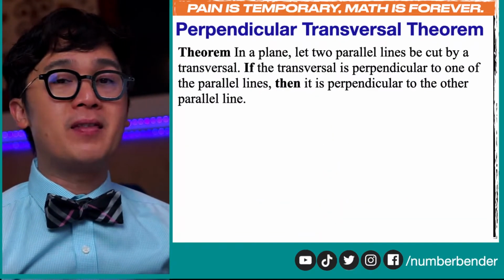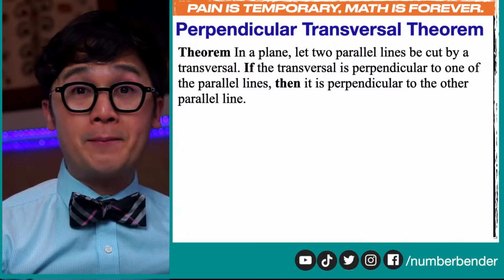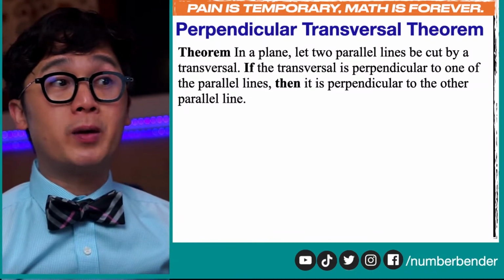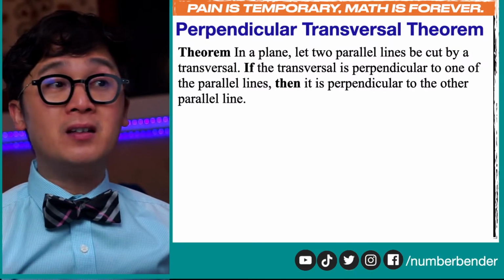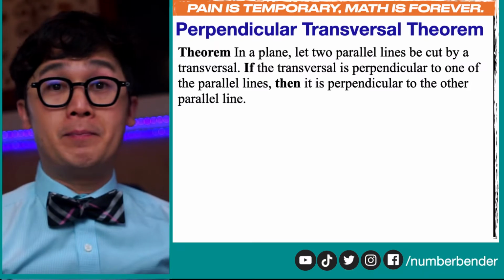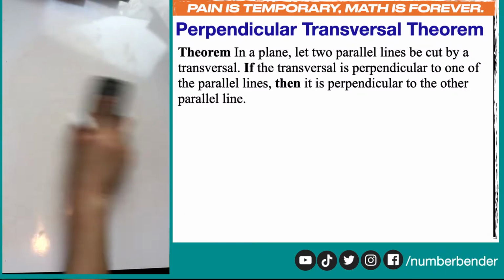The next theorem is the perpendicular transversal theorem, which states that in a plane, let two parallel lines be cut by a transversal. If the transversal is perpendicular to one of the parallel lines, then it is perpendicular to the other parallel line.